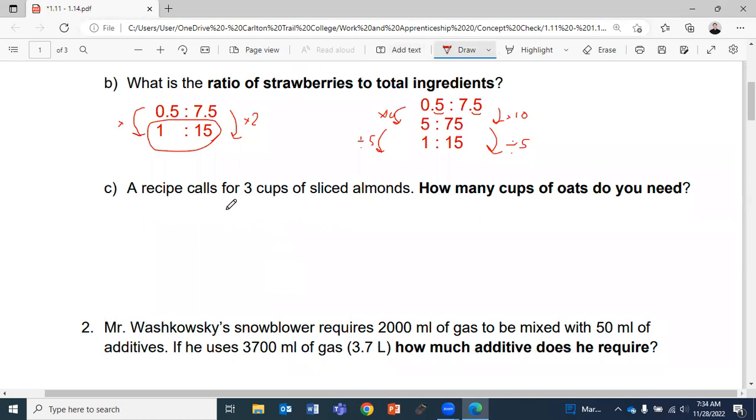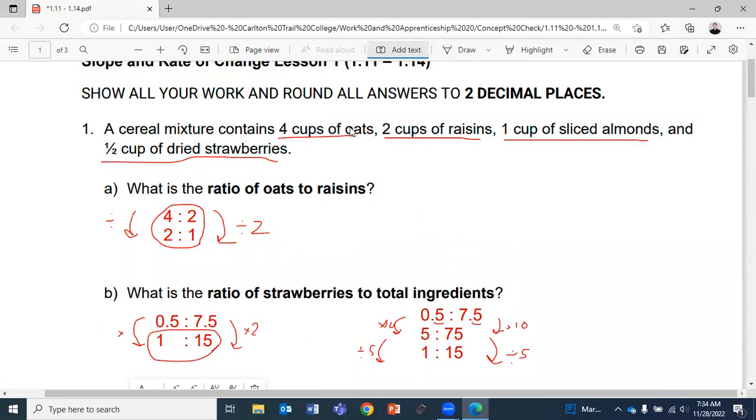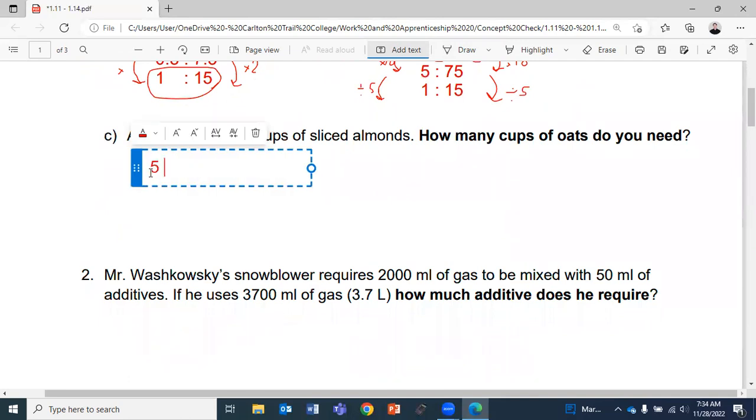So next one, it asks for 3 cups of sliced almonds. How many cups of oats do I need? So set it up, right? I know my oats to almonds ratio is 4 cups of oats to 1 cup of almonds. So it's a 4-to-1 ratio of oats to almonds.